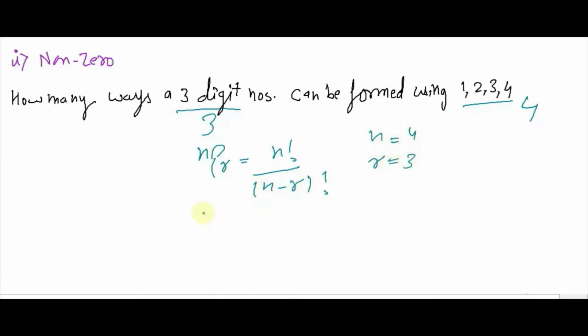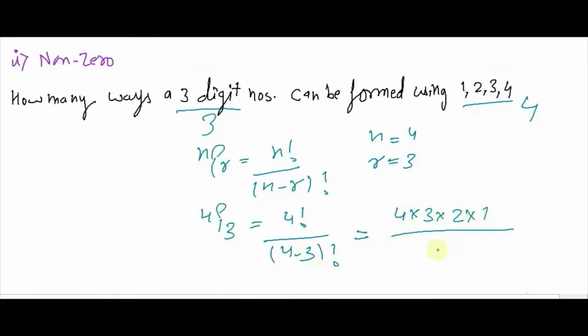Now let's put in the values. 4P3 is equal to 4 factorial upon (4 minus 3) factorial. 4 factorial means 4 into 3 into 2 into 1, upon 4 minus 3 which is 1, and 1 factorial means 1. By solving this we get the answer: 4 into 3 into 2 into 1 is equal to 24. So there are 24 ways.